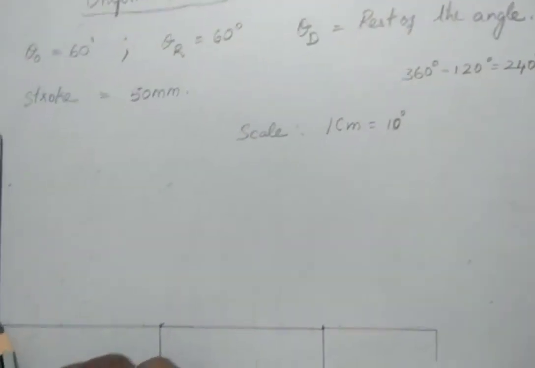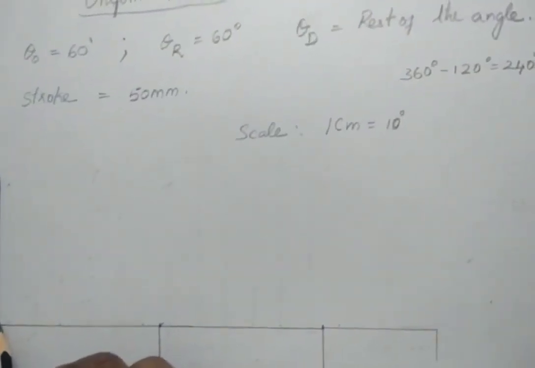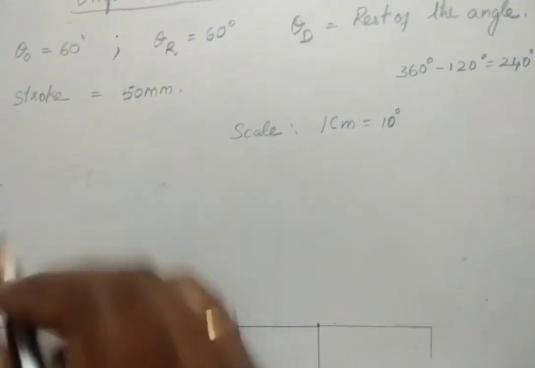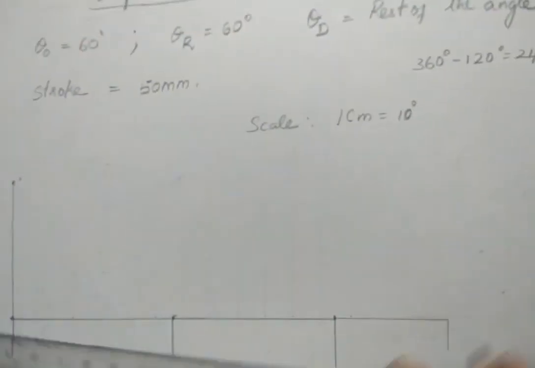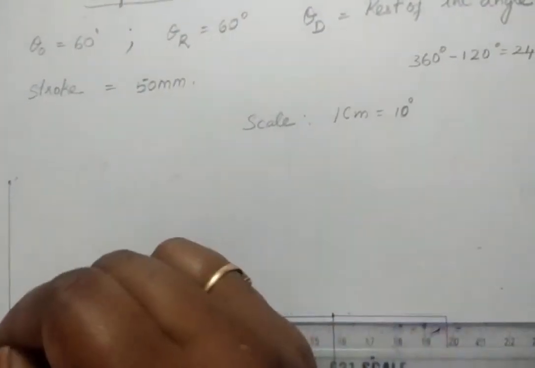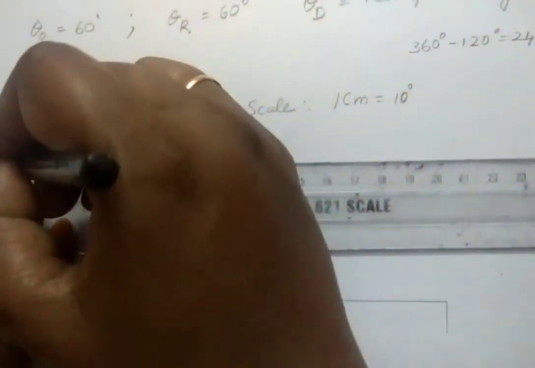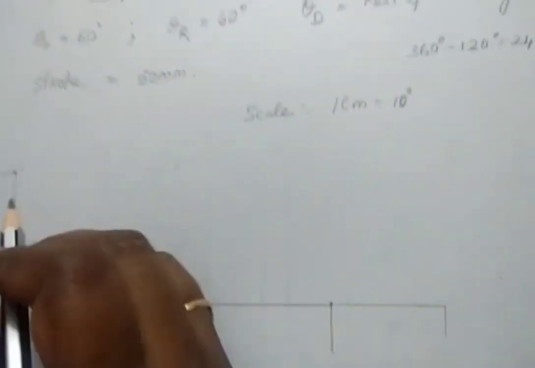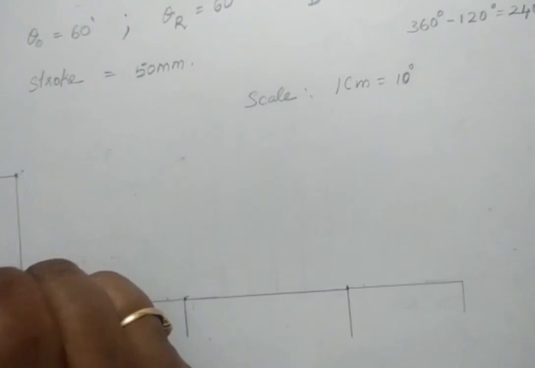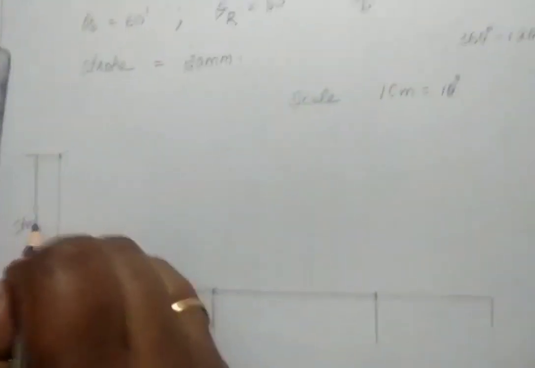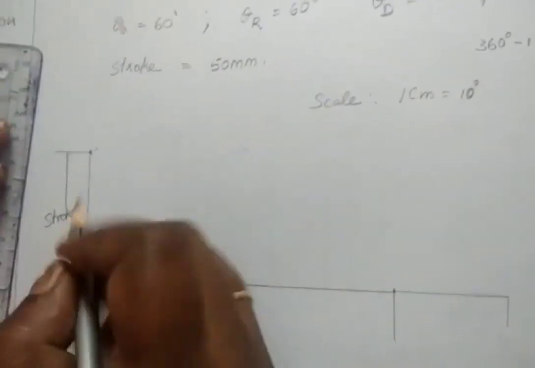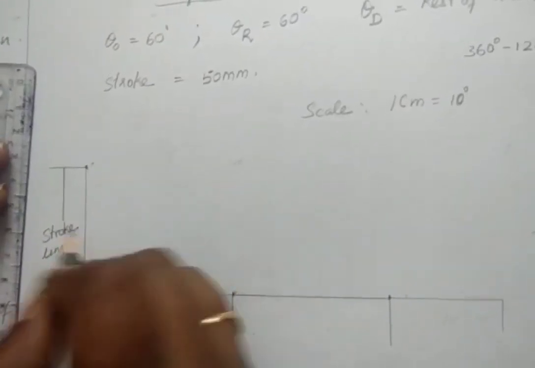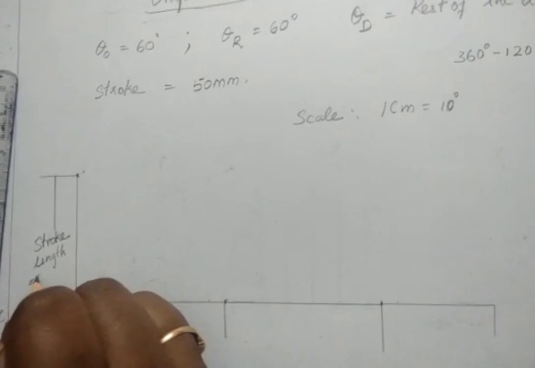Now in the y direction you have to take the length of the stroke, that is 50 mm. Mention this stroke length also. Here there is no need to mention the scale, because stroke length always ranges from 30 to 50 mm.